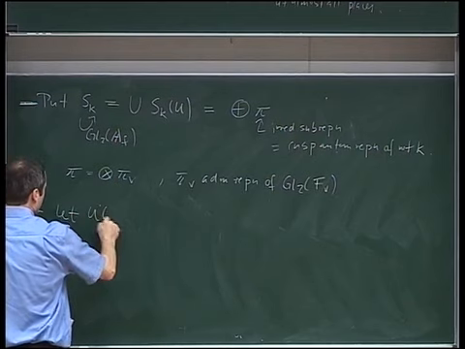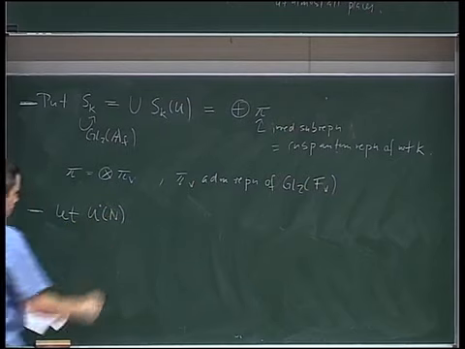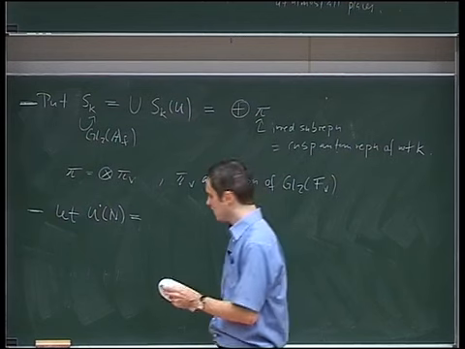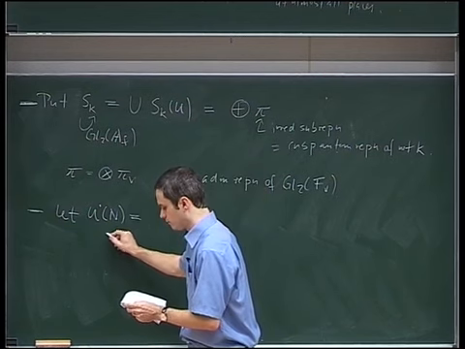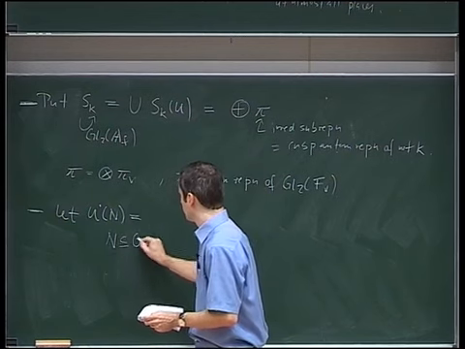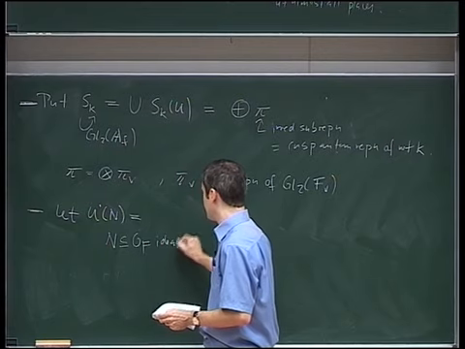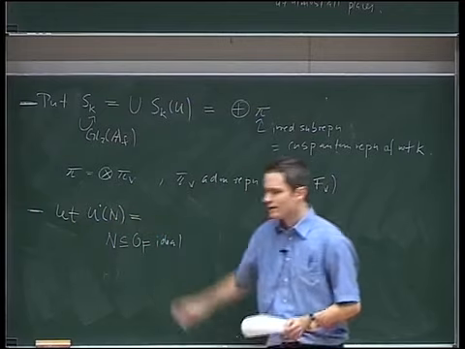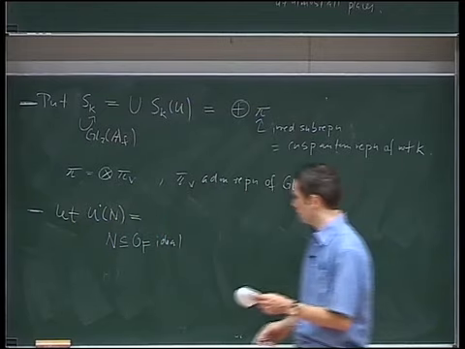I'll now define one particular compact open subgroup. I'll denote it by U_1(n), where n can be any ideal in O_F. I'll just stick with normal script n.